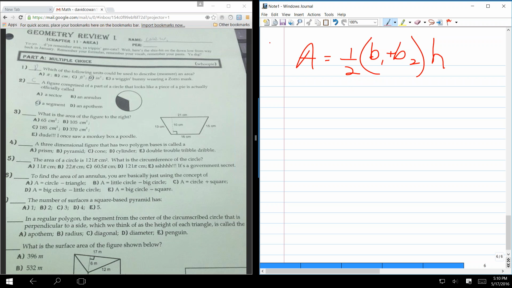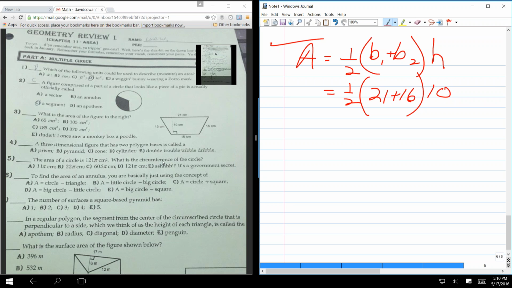In other words, whenever you start the problem out with the general formula, the rest of it becomes a piece of cake. Yep, so the bases are 21 and 16. 1/2 times 21 plus 16 times 10. And it is the vertical height, not the slant height. Yep. All right. Do you want to come up with a number? Is this something you have to turn in?